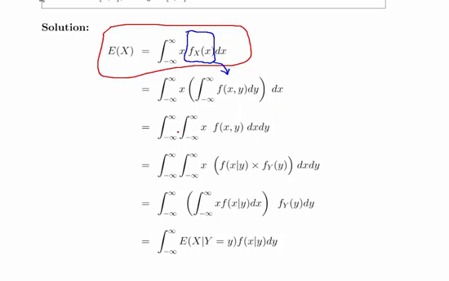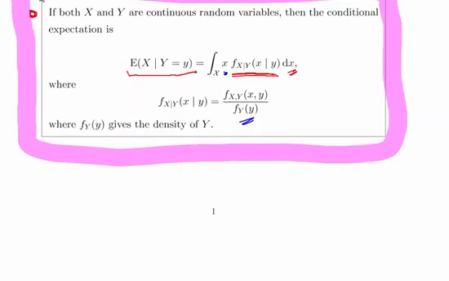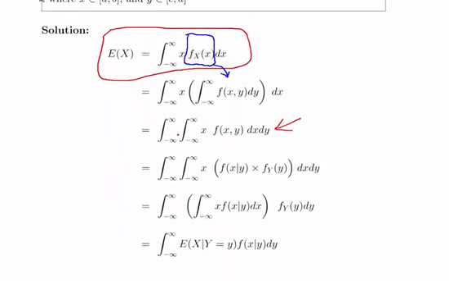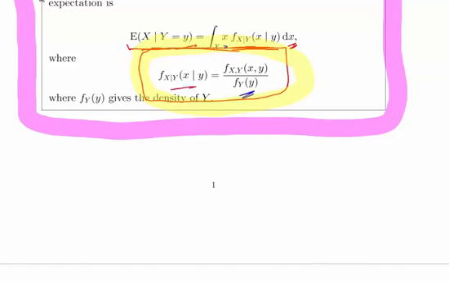Now I'm going to go back to the conditional expectation, in particular this part here, and rearrange it mathematically. I have the joint density function of x and y, which I express in terms of the conditional density times the marginal density of y. That's how I re-express that fraction.